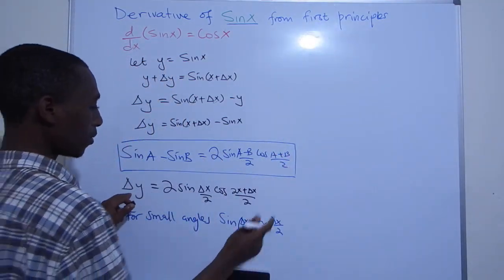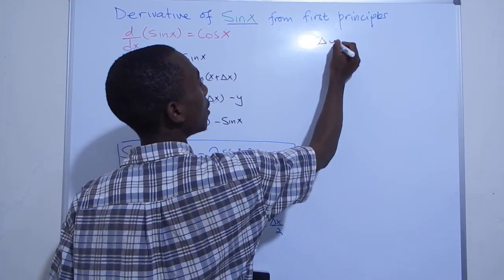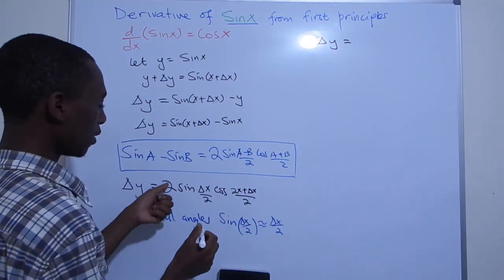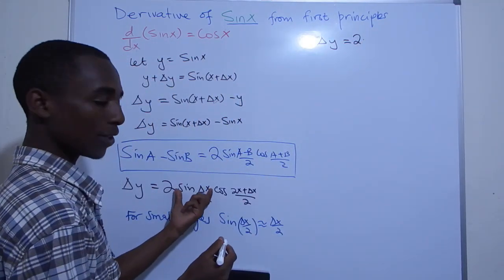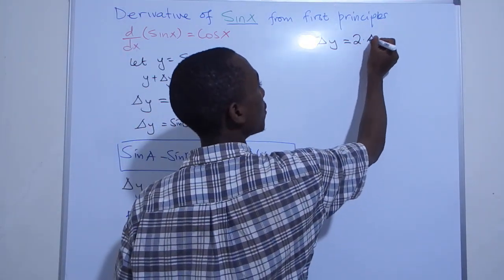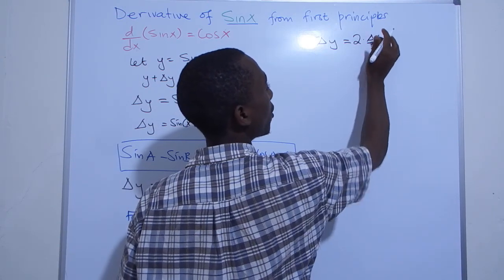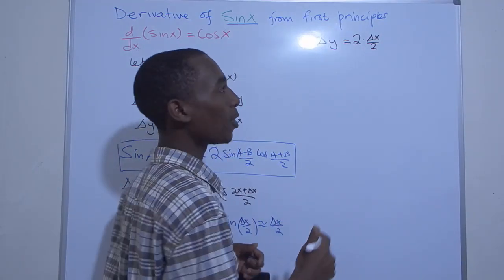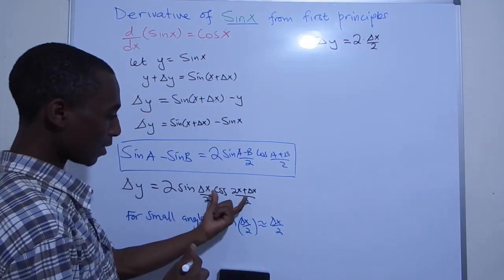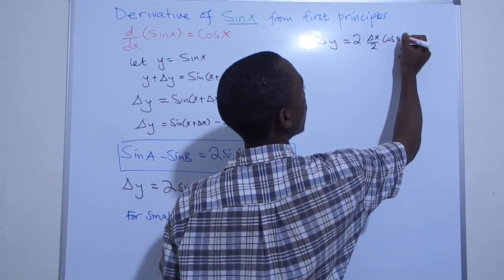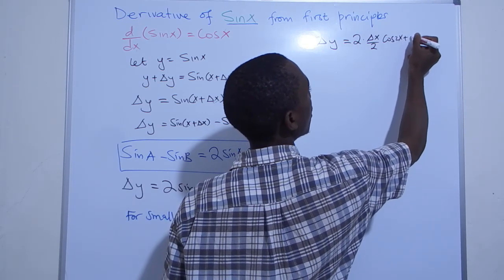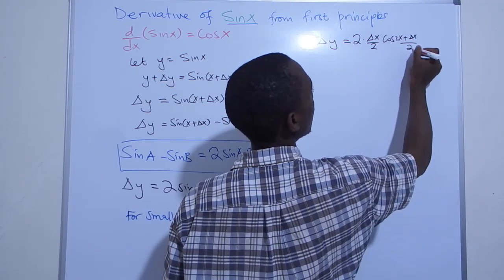delta y equals 2 times, so this is now delta x over 2, because delta x over 2 is a really small angle, times the cosine of (2x plus delta x) over 2.